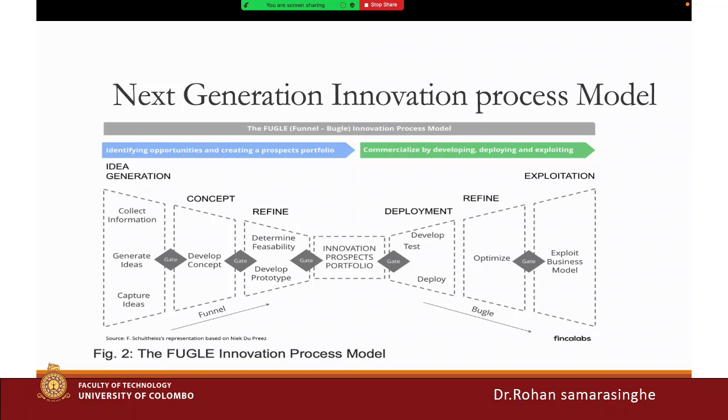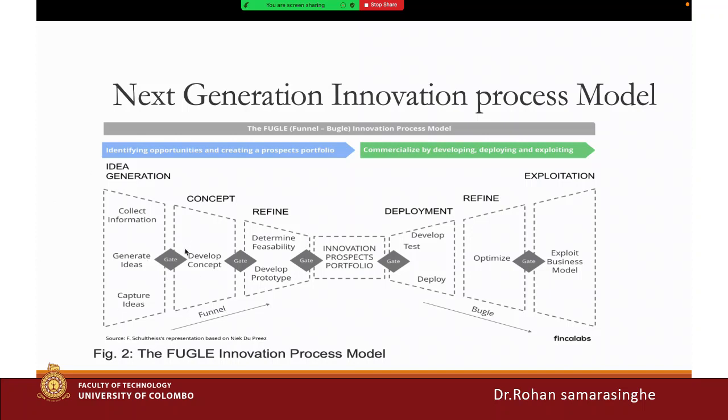Collect the information by using market analysis and having some discussion with the customers and the customer segments, generate the idea and capture the idea. To satisfy the customer's unmet or unsatisfied need, they may have a set of ideas for that.